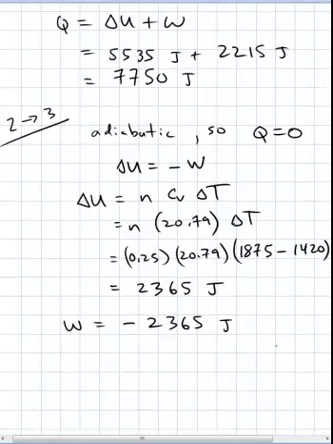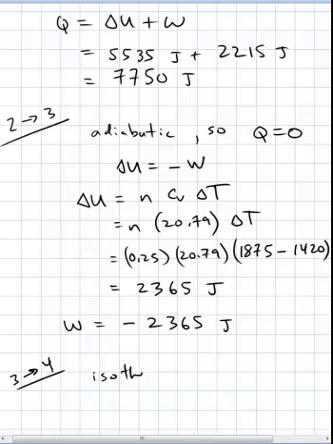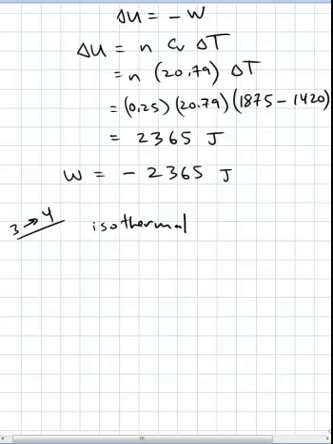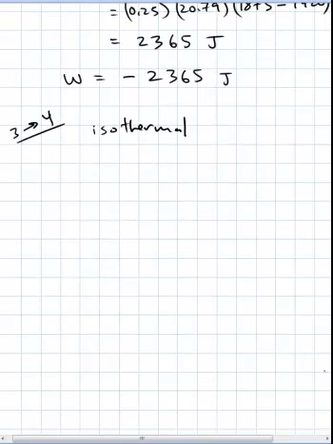Now we're going from 3 to 4. This is our isothermal process. And if we have an ideal gas, the temperature doesn't change in an isothermal process.